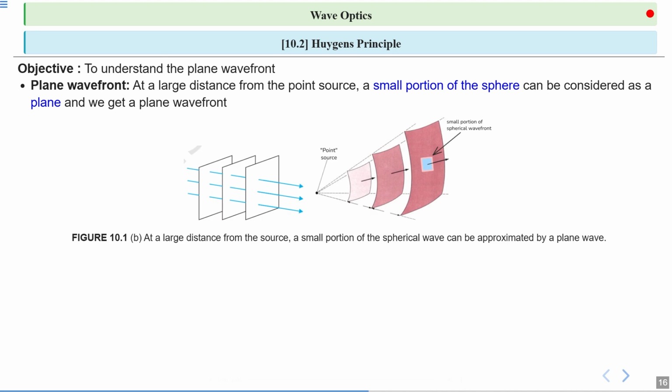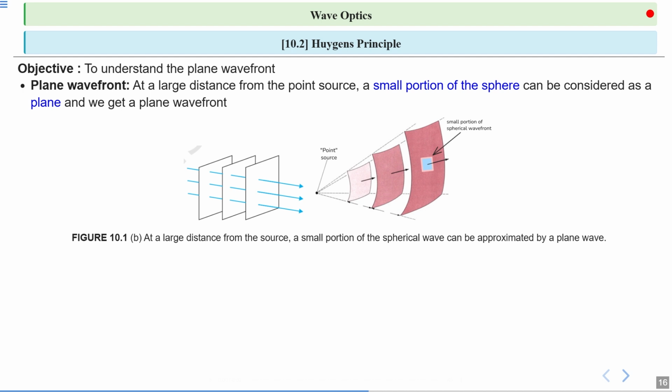So we have an illustration to help visualize this concept. Notice how the spherical wavefront, when viewed from a distance, appears almost flat. This is similar to how we perceive the horizon of Earth. So figure 10.1, at a large distance from the source, a small portion of the spherical wave can be approximated by a plane wave.